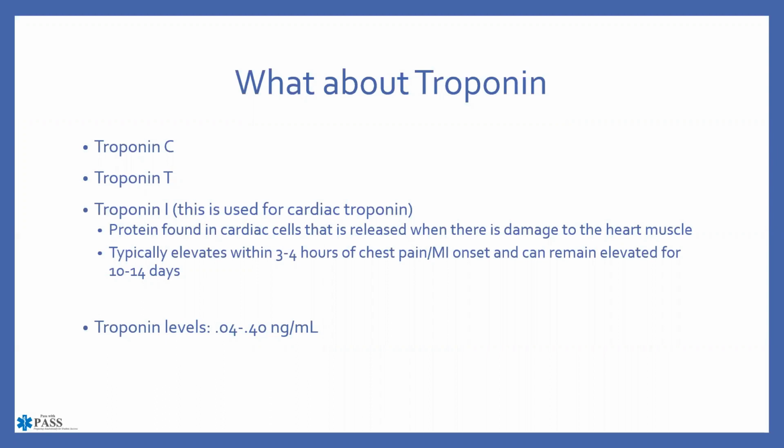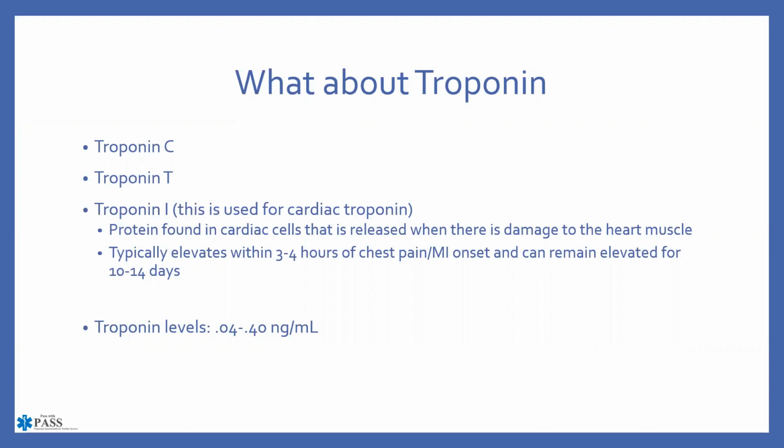With troponin I, it is specific to cardiac muscle. So if you have elevations in your troponin I, it is actually coming from the heart and not necessarily from the leg, back, or arm workout that you did this morning. Troponin is a protein that's found in cardiac cells, and it is released if there is damage to those cells. It doesn't necessarily have to be that they're having an MI.